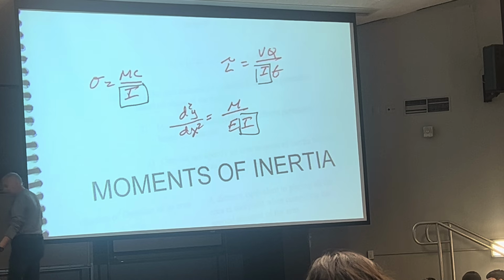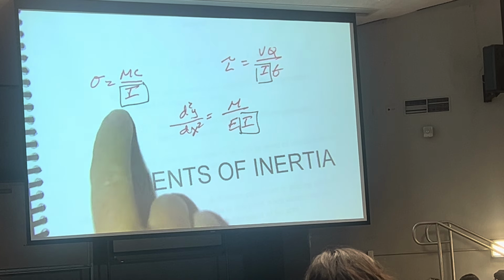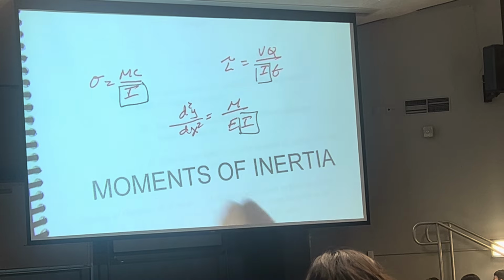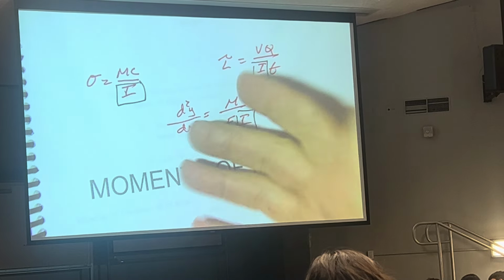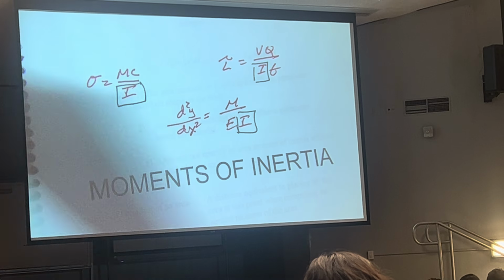I want the stiff portion. So that gives you a demonstration of what I really is. And every structural equation has I in the denominator. So I want to make I as big as possible. The bigger the better. And one way to achieve big is to use an I-beam for several reasons.